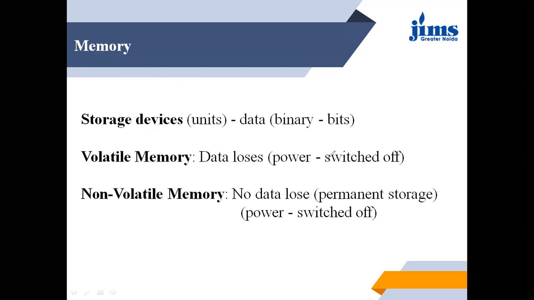So when we switch off the power of our computer, the data that is lost is called volatile memory: a memory in which the data is lost the moment we switch off the system.